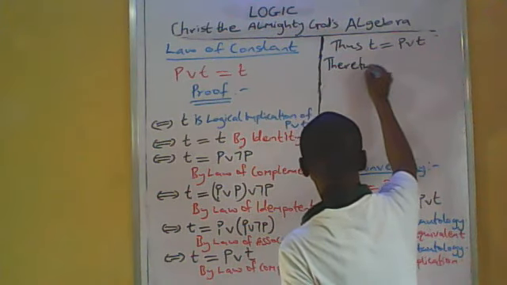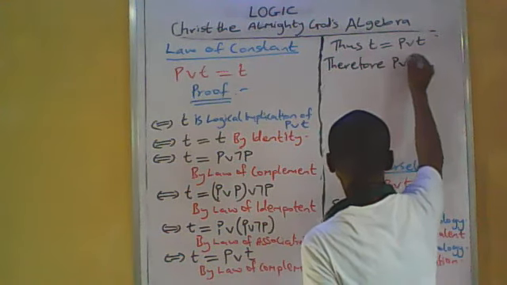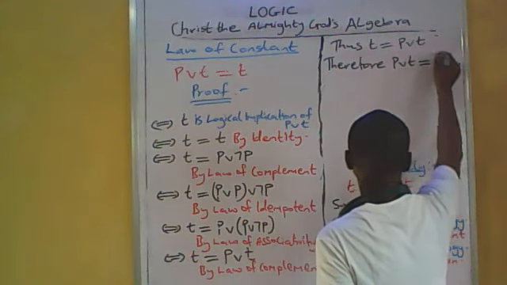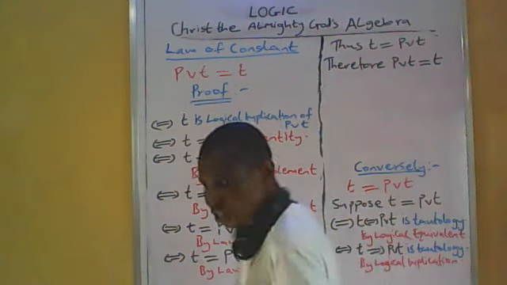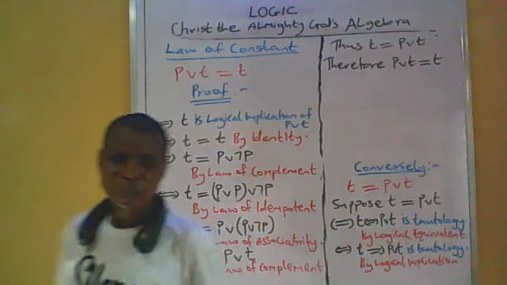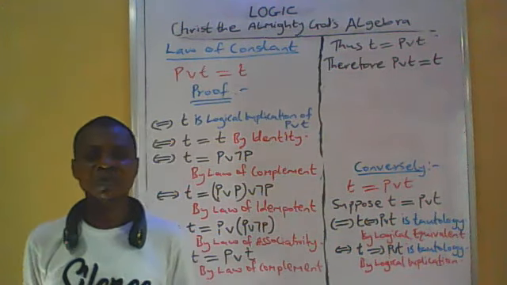Therefore, P or T is equal to T. We have now proved that law of constant by disjunctive statement exists.